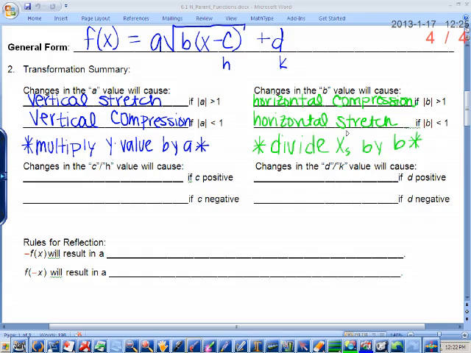If we divide by, say, 1/2, dividing by 1/2 is the same as multiplying by 2. Okay? All right. Go ahead and kind of scratch out this part. C positive, C negative. When you see x plus c on the inside of your radical, what does that tell us to do?